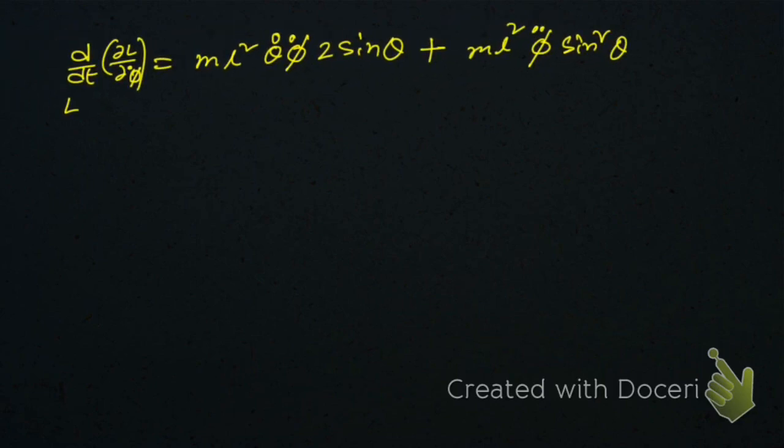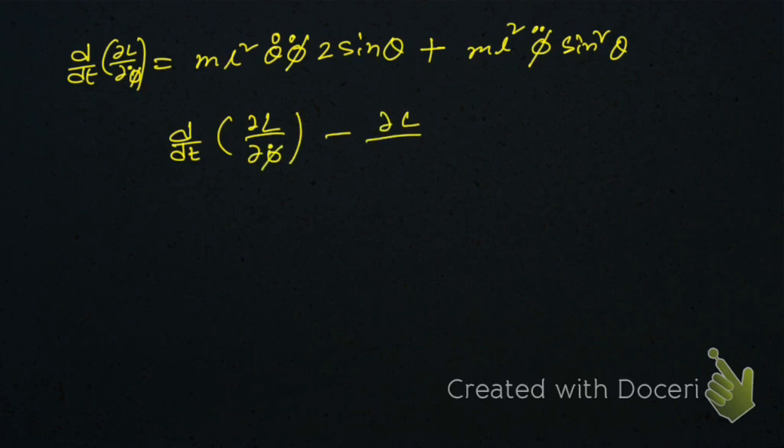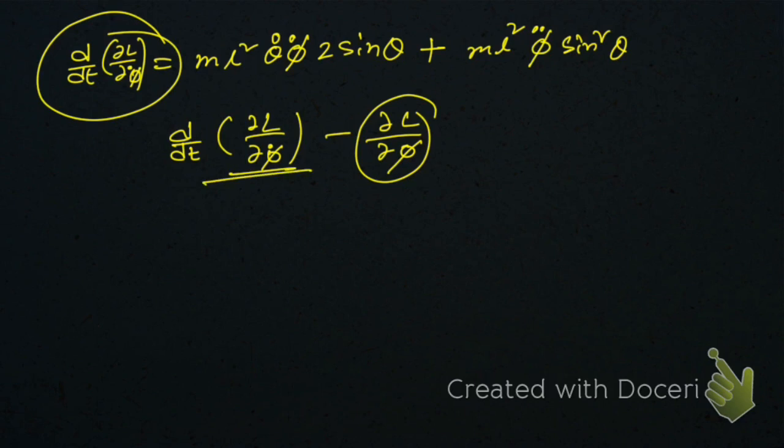This is nothing but the time derivative of del L by del phi dot, minus del L by del phi. As del L by del phi is equal to 0, we have to put 0 here. So our Lagrangian equation will be equal to 0. This will be the Lagrangian equation.